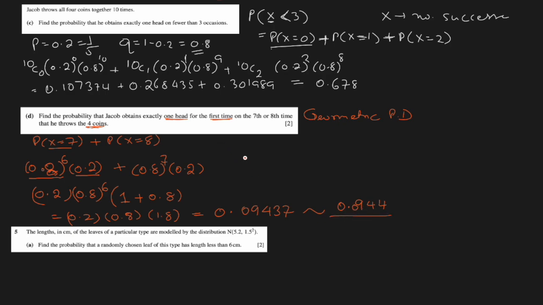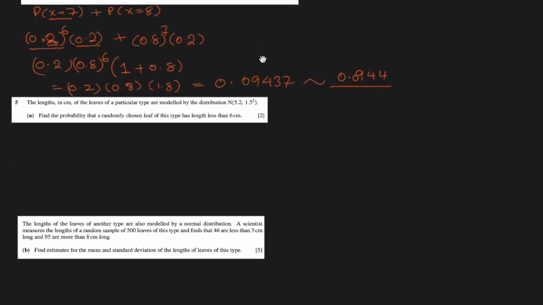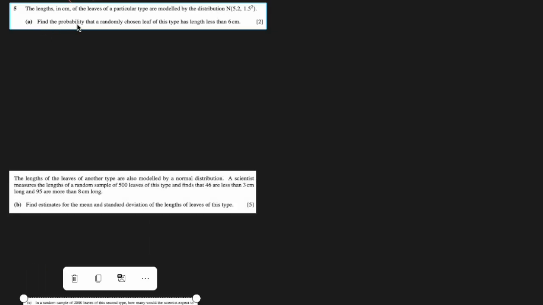Okay, next one. The length in centimeters of the leaves of a particular type are modeled by the normal distribution. Okay, they have given mean and everything else. What you need to do: find the probability that a randomly chosen leaf of this type has a length less than 6 centimeters.